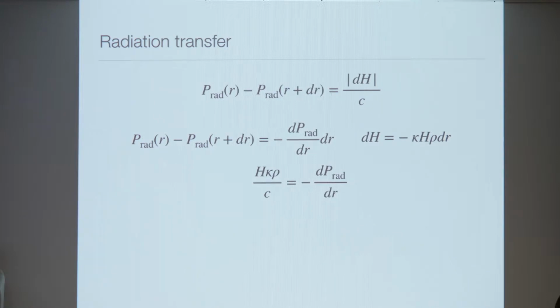So by equating, using this relation, you can guess probably the difference in the radiation energy pressure will be written in this kind of way. And then radiation pressure, we will see this later, can be written in this way with temperature.